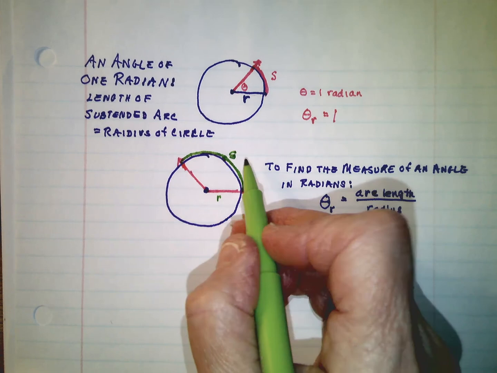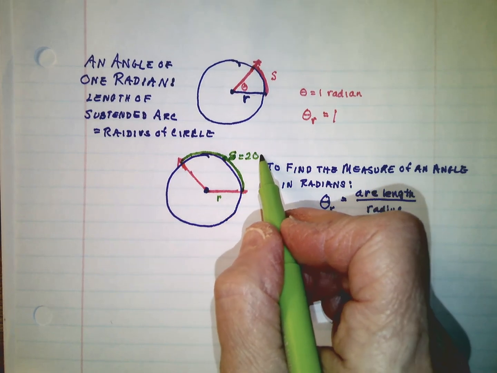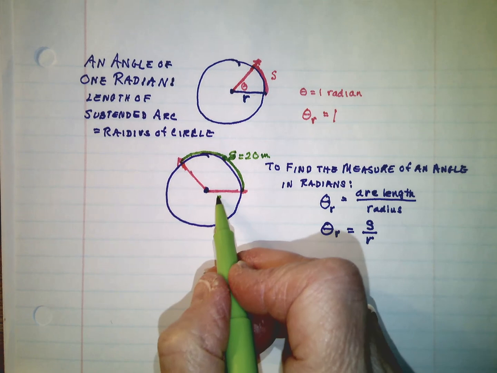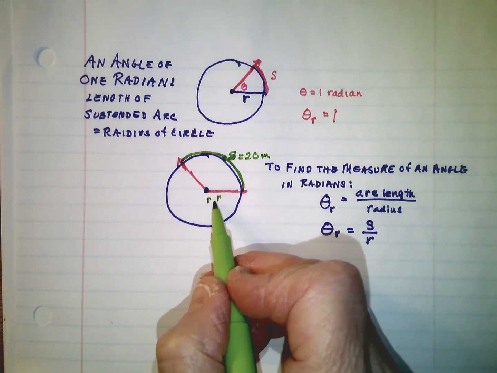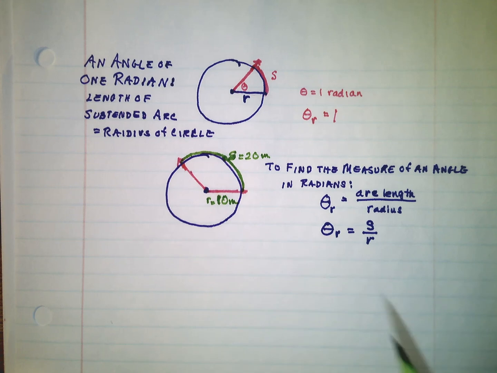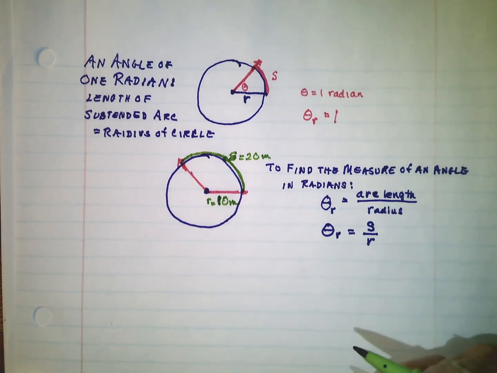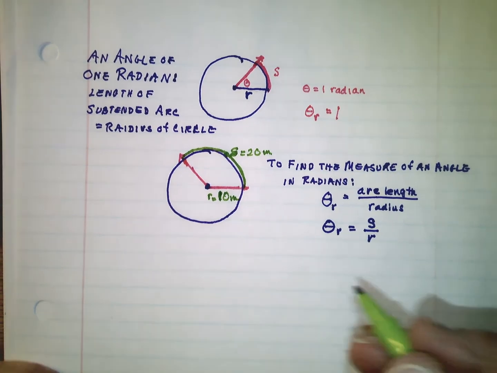So if the subtended arc is 20 meters and the radius is 10 meters, then to find our angle in radians, all we have to do is divide.